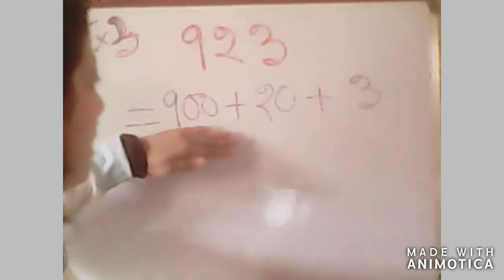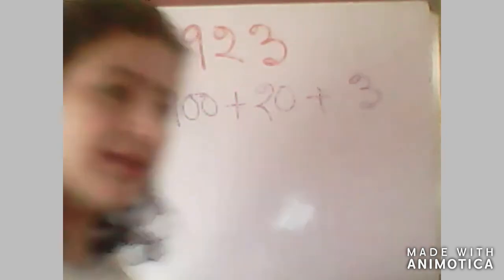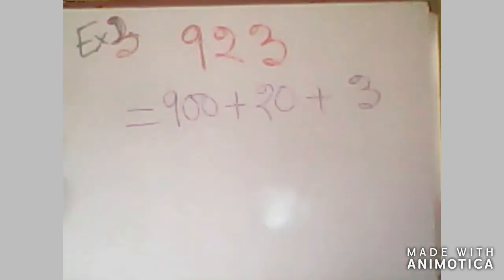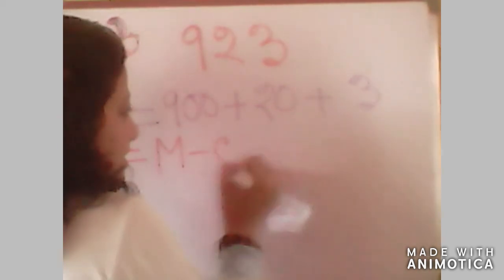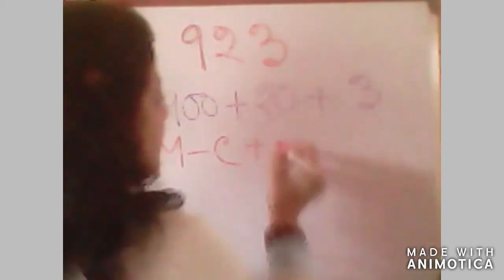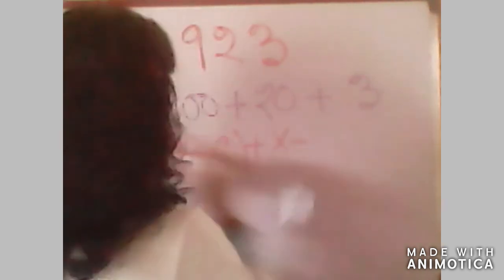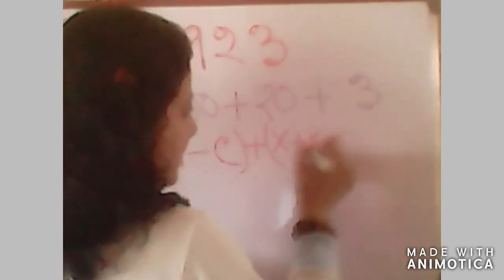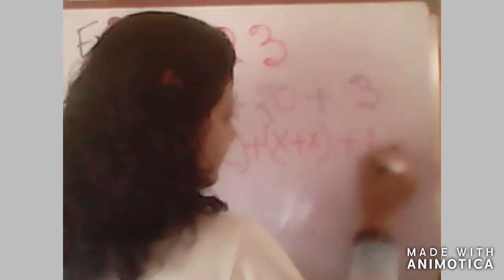We will subtract 100 from 1000, then we will get 900. And we know 1000 has its own numeral, that is M. So M minus 100 means C, plus 20 means 10 plus 10, so X plus X. And plus 3 means we already know III. Very simple.